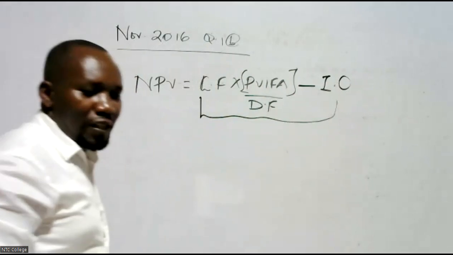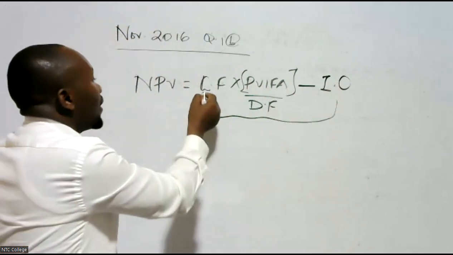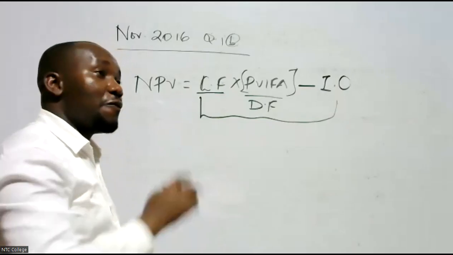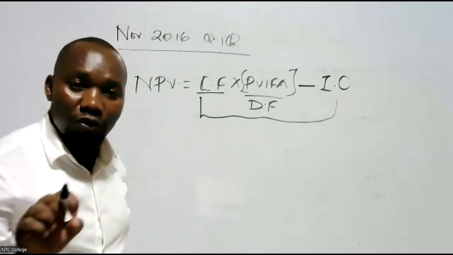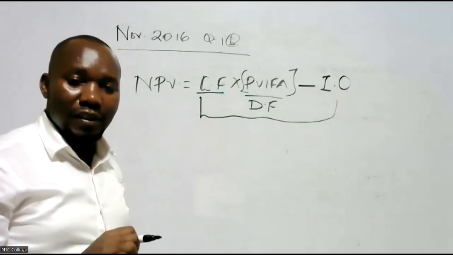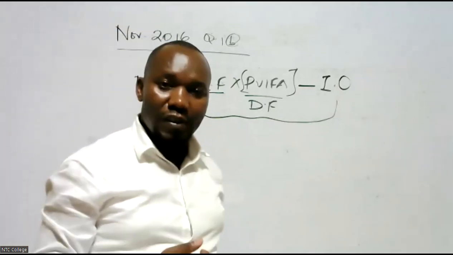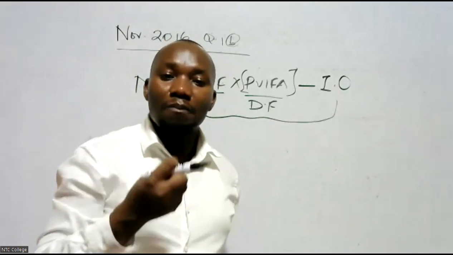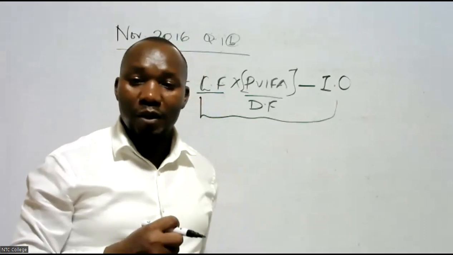So whenever you are asked to get NPV, you need to know, how do I get my cash flows, the free cash flows? Meaning that for you to make it a free cash flow, you need to remove any constraint that could be attached to it. That means that if you were to have normal running cost and then the revenue, you need to net them off so that you can have a profit that is not attached to any running cost or any expenses.